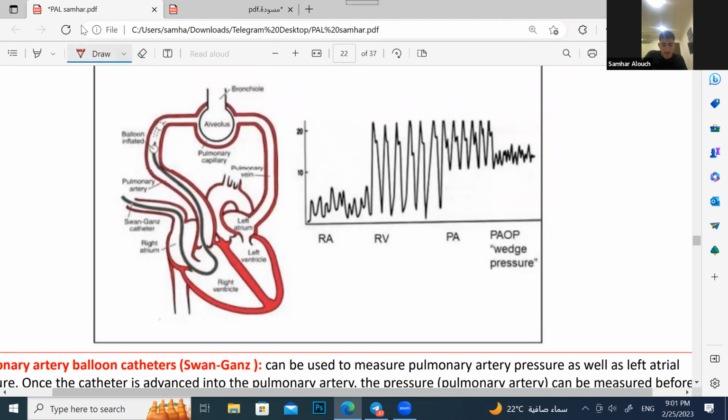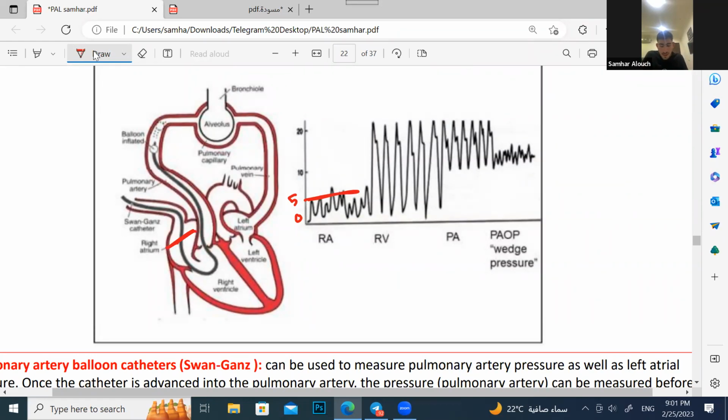In the right atrium, it measures the pressure, and it seems to be low, 5 to 0, something like this. Okay, it's just a concept. The numbers, you should have memorized in cardio, not here.